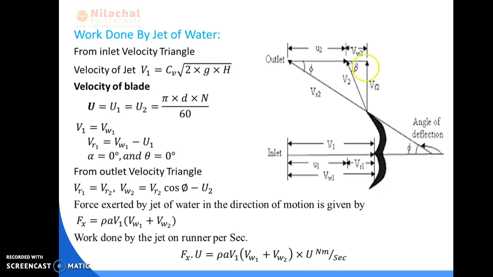Now Vw2 is equal to Vr2 cos phi minus U2. This is the value you have to obtain.